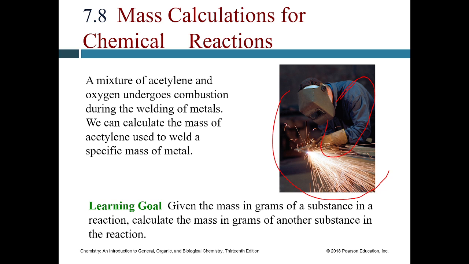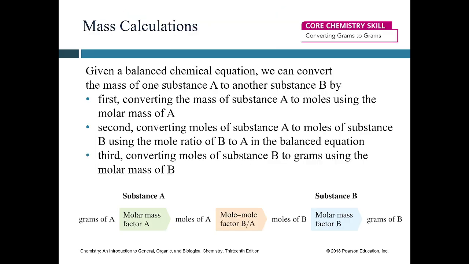Too much oxygen, and it starts going out, and you get a flame that's barely flickering, like 2-inch flames. That's what you're doing: you're actually modulating the mole ratio. Science is everywhere, right? Can't get away from it.